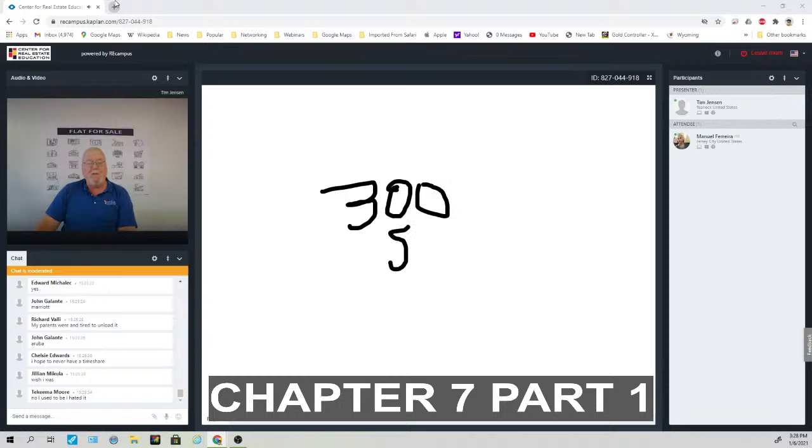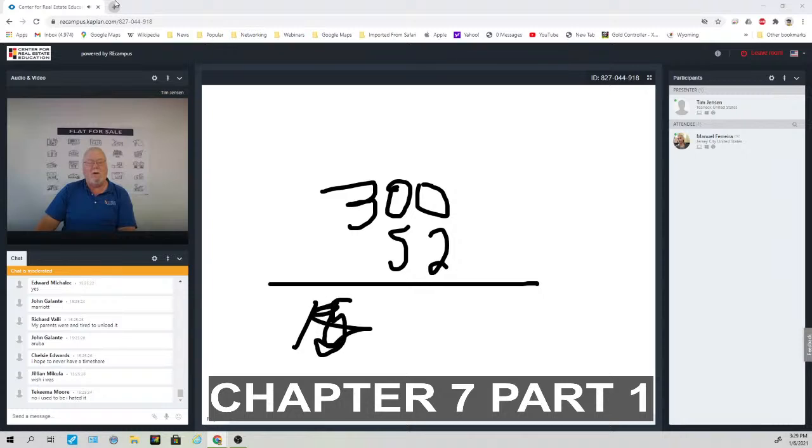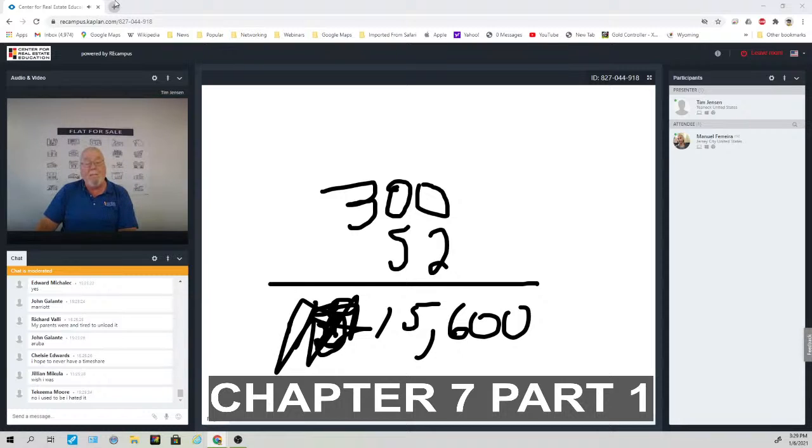There are 52 weeks in a year, which means there is a potential of 52 owners of each unit, which means there could be 15,600 owners of that Marriott resort. That means you are 1/15,600th of an owner in that property.